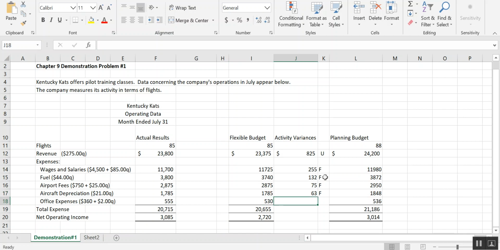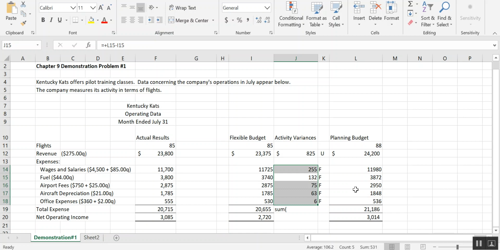That means we have a $63 favorable activity variance, and we'll have a favorable activity variance when we go to office expenses as well of $6. And then we have a total, which we're going to actually add these variances up.